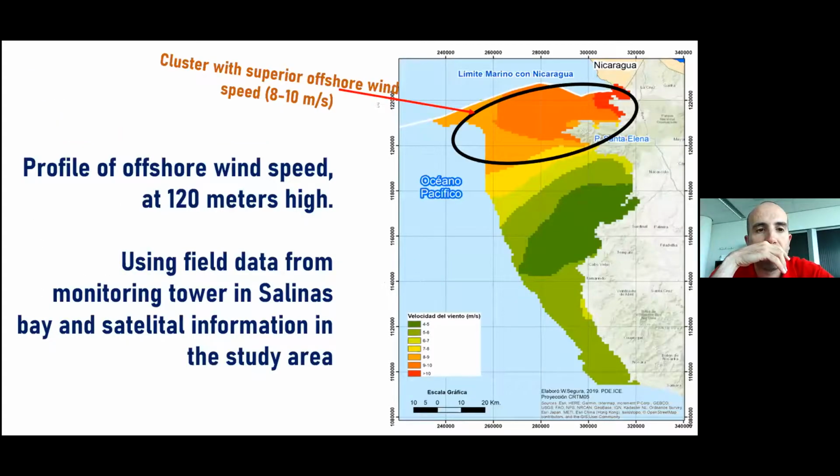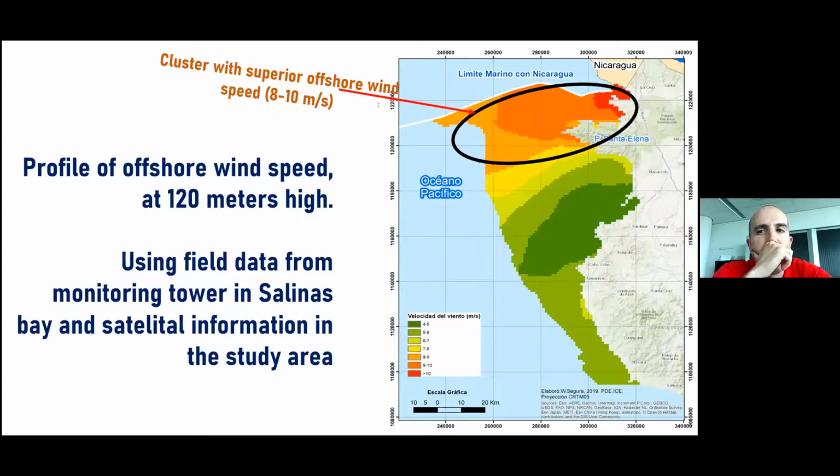Here is the integrated map of the potentials of offshore wind, and also potentials of energy that you can use for Costa Rica energy development. This is a cluster in the circle. This is a very, very important cluster.